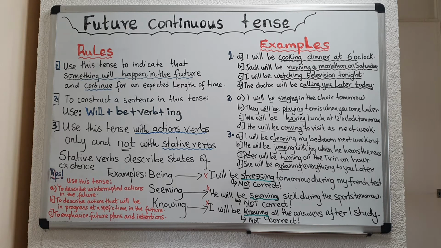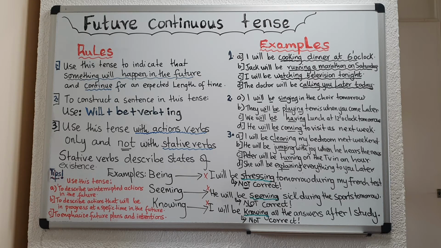It's not an action verb. Nobody is doing anything. Okay? There is no action that is taking place. Nobody is doing anything. Instead, they are simply in the state of existence, seeming or seem. Okay?